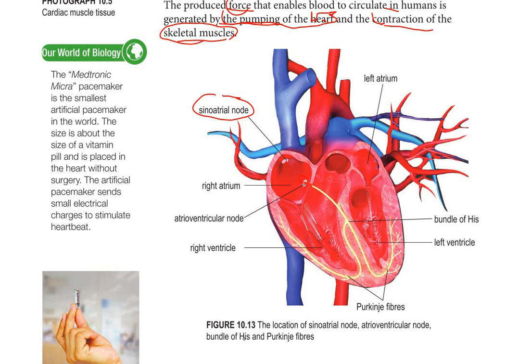And then we have the bundle of His, which is connected to this atrioventricular node, and also we have the Purkinje fibers. These are involved in the heartbeat that helps to circulate the blood to all parts of the body. Later I will explain to you how the sinoatrial node, atrioventricular node, bundle of His and Purkinje fibers work to help the heartbeat.